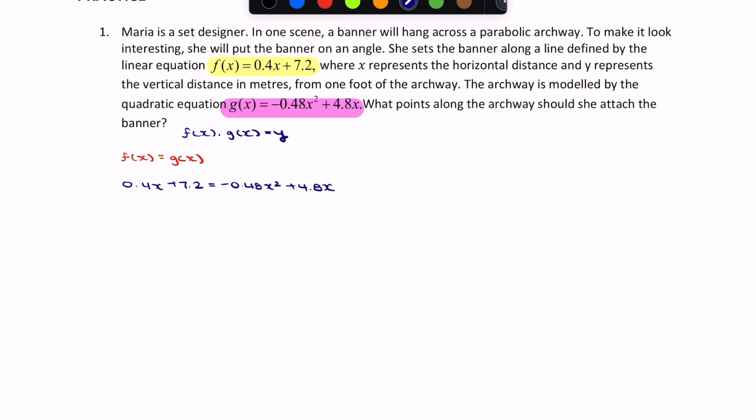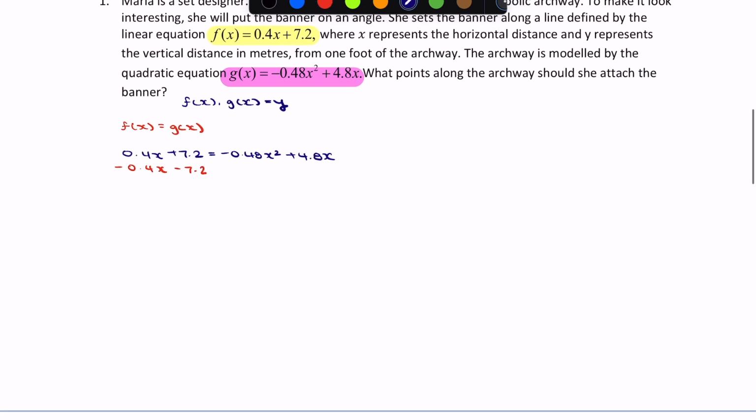What we want to do is move everything to one side and make the equation equal to 0. So we're going to subtract 0.4x from both sides, and subtract 7.2 from both sides as well. So we get 0 is equal to negative 0.48x squared plus 4.4x minus 7.2.